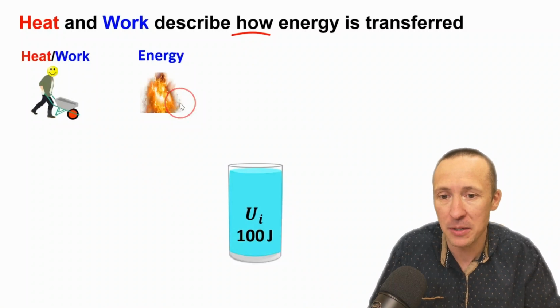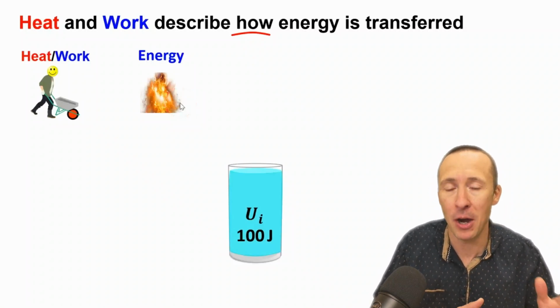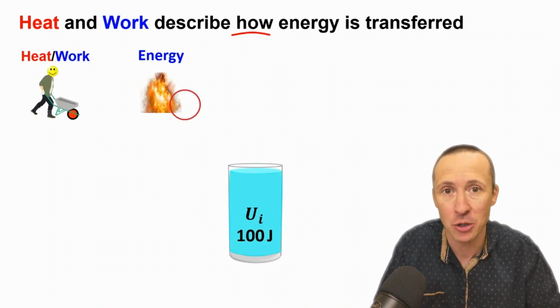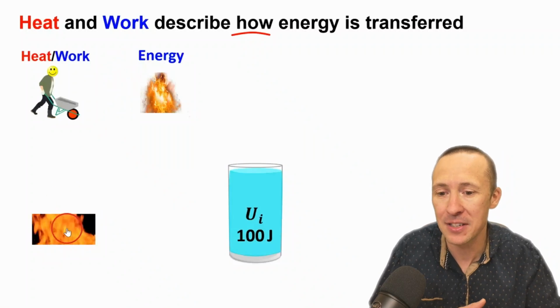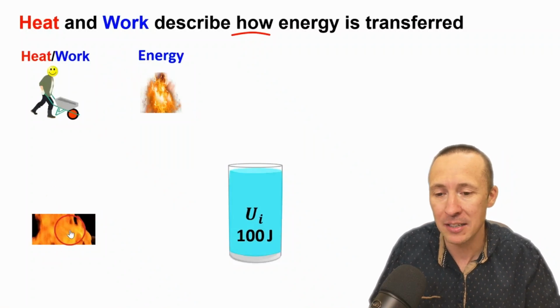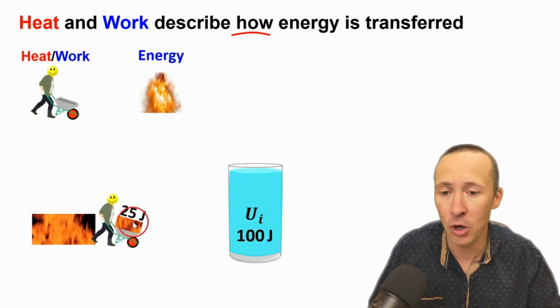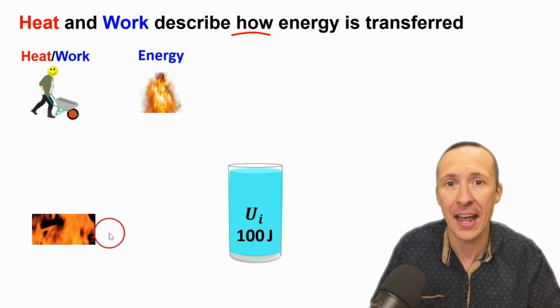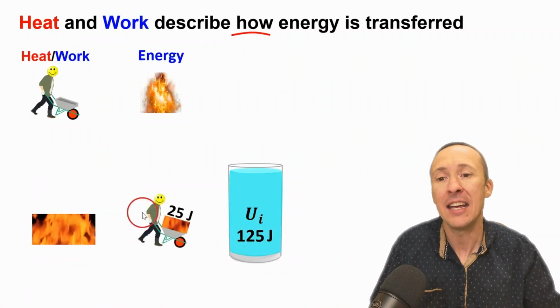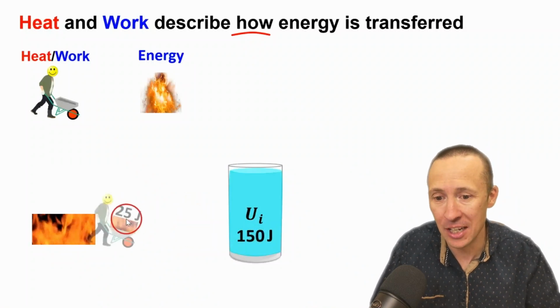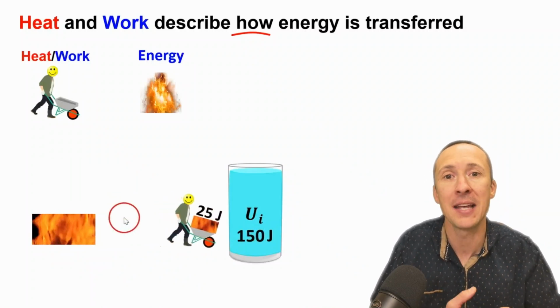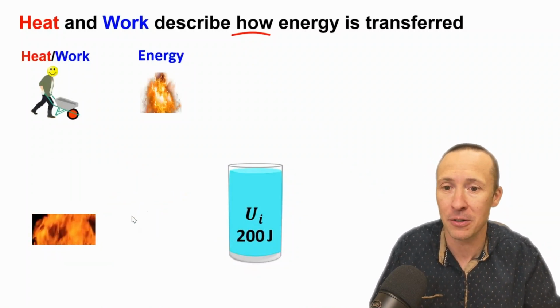Now, fire is more like heat, but just bear with me because it's hard to get a picture of actual energy. Let's say we have some energy pile, and we're trying to get energy from this pile into the system. Well, heat and work describes how that energy is being transferred. Heat and work doesn't carry the energy as I have in this wheelbarrow. It just describes how that energy itself is transferred.